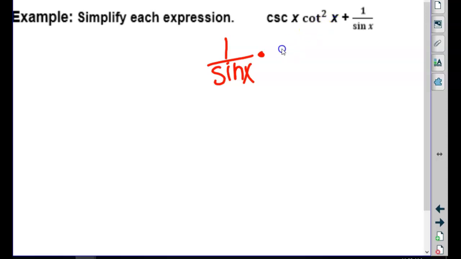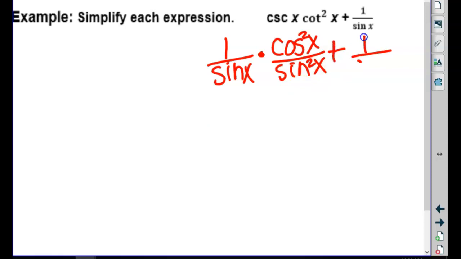Cotangent squared is cosine over sine for cotangent, and then you could square each of them, or I usually just square each one separately. You could put a big parentheses around and say it's squared. And then this one says plus, so be careful. You can't cancel anything when it's being added.